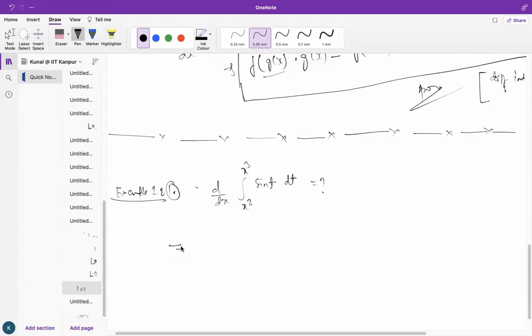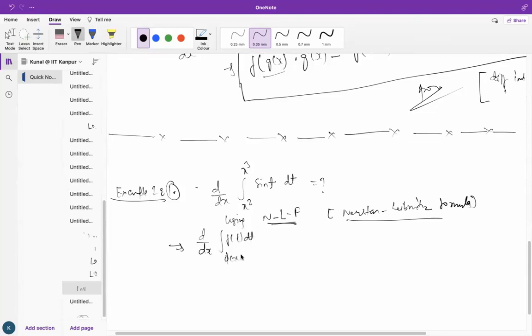When you don't know the formula, first try to write the formula and then see what we have to do. So we know that, using the Newton-Leibniz formula, NLF, which is the short form abbreviation for Newton-Leibniz formula, d by dx of the integral of f of t dt from phi x to gx is f of gx, inserting the upper limit, times the derivative of the upper limit, minus inserting the lower limit and differentiating the lower limit. The same thing we are going to do here.